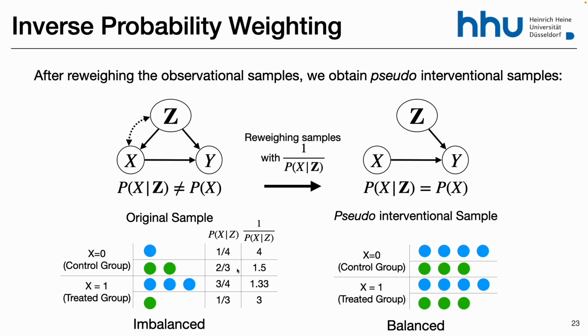Now this 2, because I'm multiplying by this number here, this 2 multiplied by 1.5 is going to be 3. These 3 units multiplied by 1.33 are going to be 4. And this multiplied by 3 is going to be 3. And then if you compute here, the probabilities are the same. The probability is always half for everything. So you convert an imbalanced sample to a balanced sample.